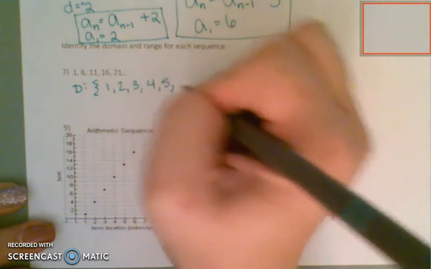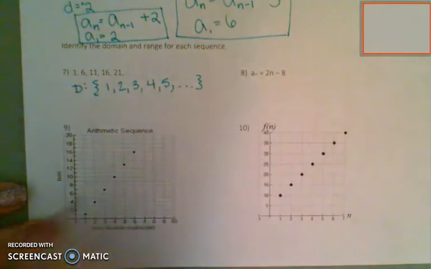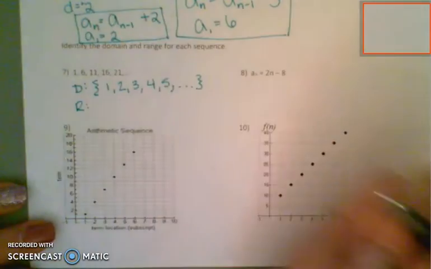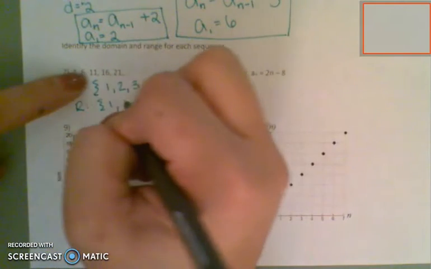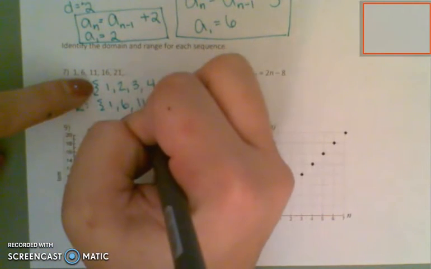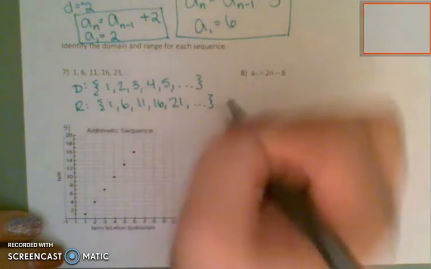And then it has the comma, dot, dot, dot. Your range is the actual sequence numbers. 1, 6, 11, 16, and 21, dot, dot, dot.